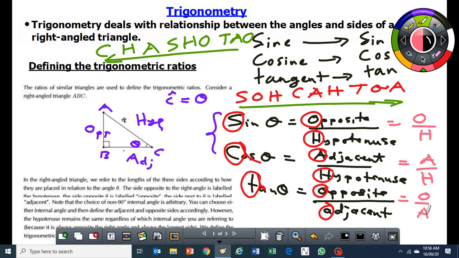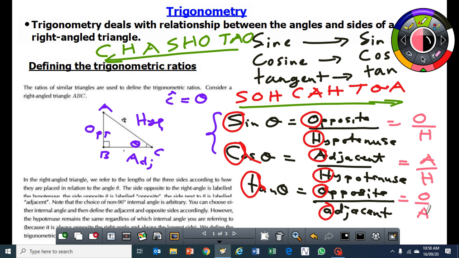Sine theta is opposite over hypotenuse, cos theta is adjacent over hypotenuse, tan theta is equal to opposite over adjacent. And this is not difficult to memorize. Now, these three trigonometric ratios also have what are called reciprocal functions. The reciprocal functions, or just reciprocals, you get by dividing 1 by any one of the three trig ratios.